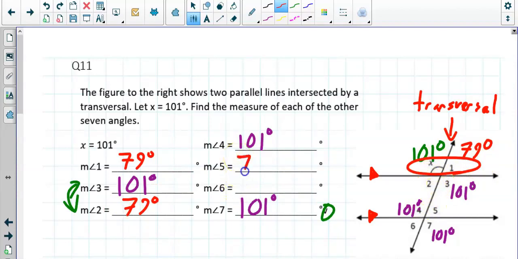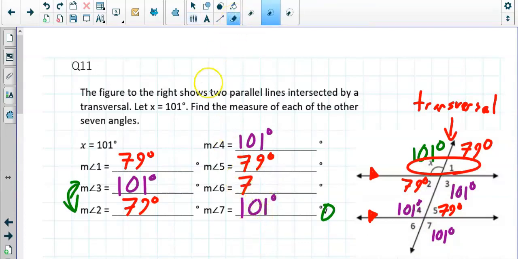Measure of angle 5 has to be 79 degrees, because you could talk about angle 2 and angle 5 being alternate interior, angle 1 and angle 5 being corresponding. Lots of reasons that you got there that work for you. You have a linear pair between 4 and 5. You have a linear pair between 5 and 7. And then last but not least, you have measure of angle 6 that is also 79 degrees.